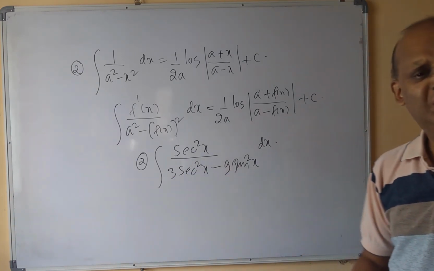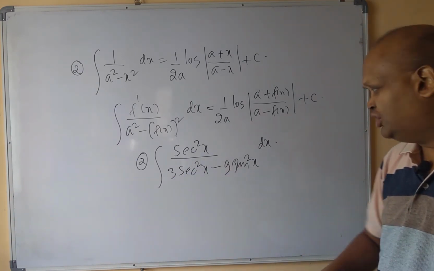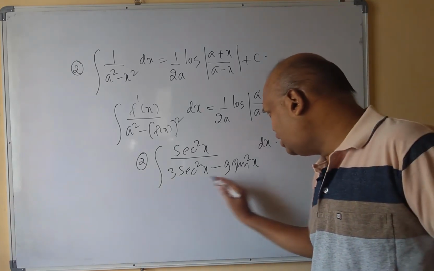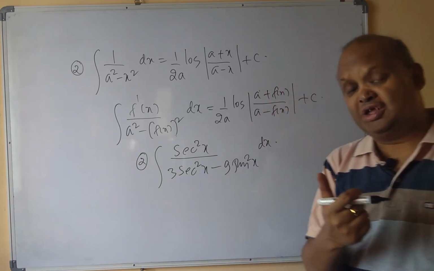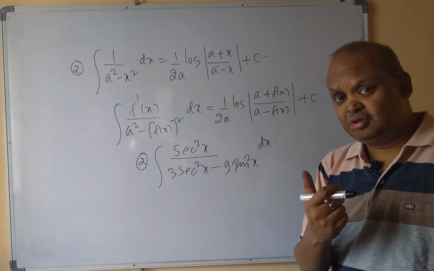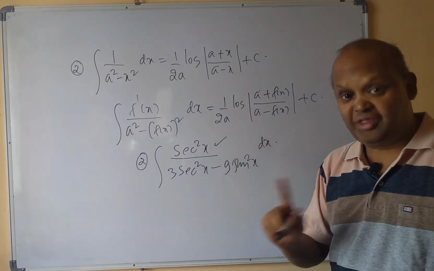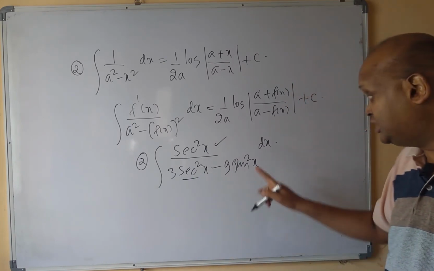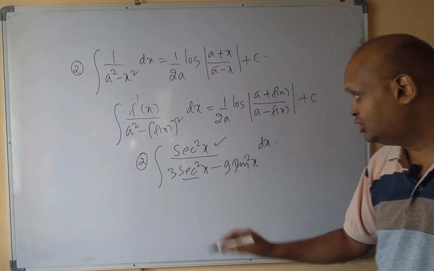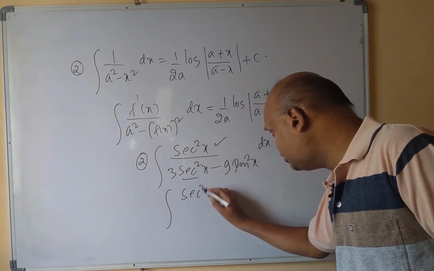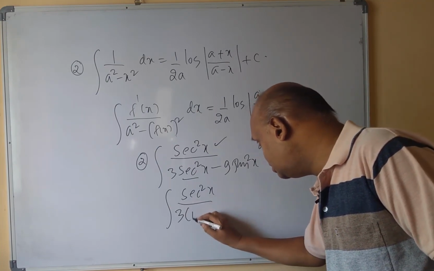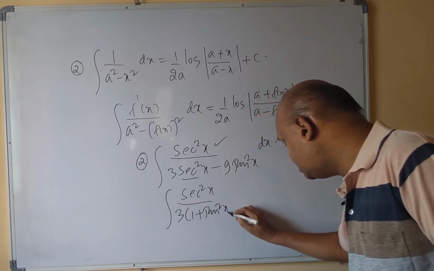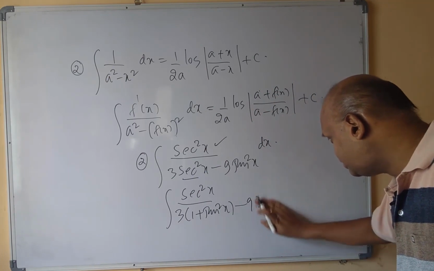So now see, on differentiating tan x you get sec square x. So remember, this sec square x should be converted into tan x, because the derivative of tan x is sec square x. So I am going to write here sec square x, 3 into (1 plus tan square x) minus 9 tan square x.